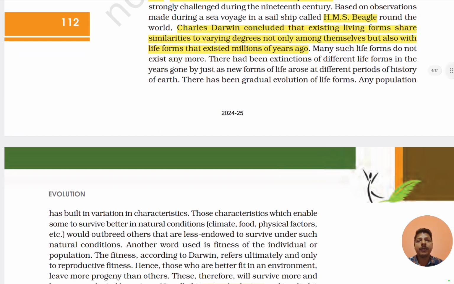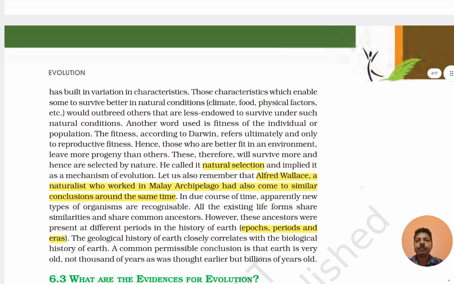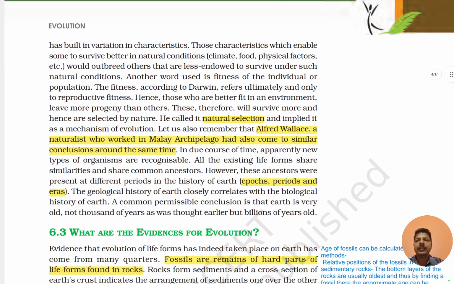There has been gradual evolution of life forms, and those characteristics which enable some to survive better in natural conditions, climate, food, physical factors, etc., would outbreed others that are less endowed to survive under such natural conditions. Another word used is fitness of the individual or population.